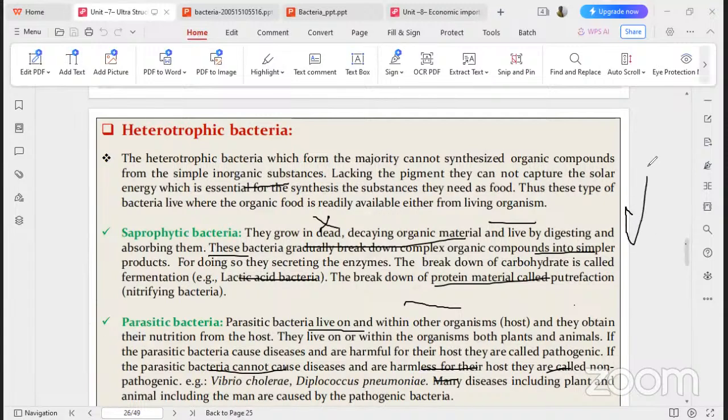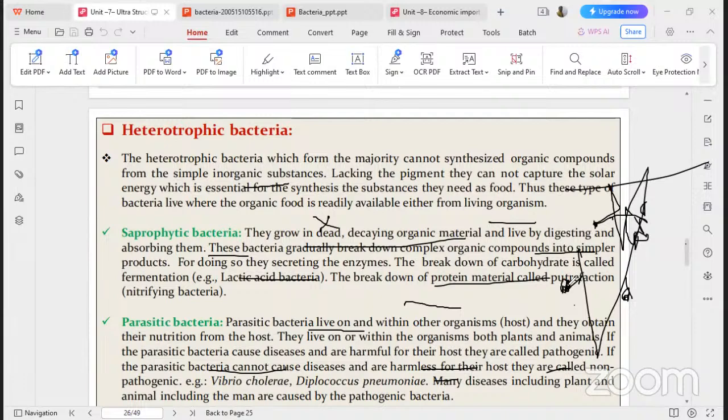The other symbiotic bacteria, rhizobium bacteria, are associated with the root nodules, especially in the pulses, the Leguminaceae family. Leguminaceae family roots are associated with the rhizobium bacteria.